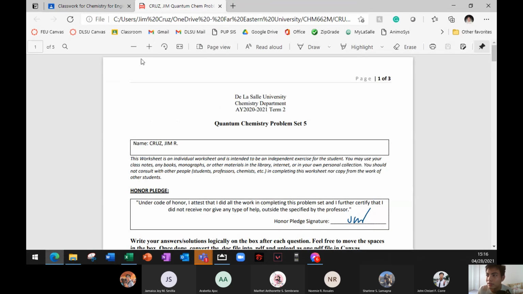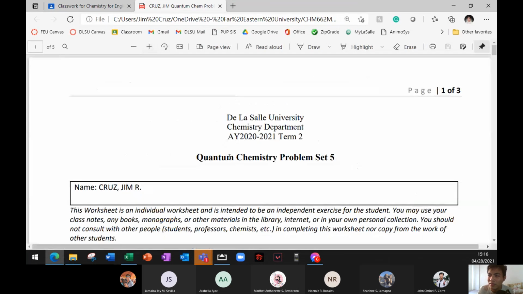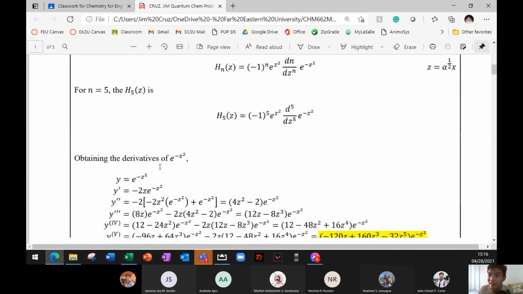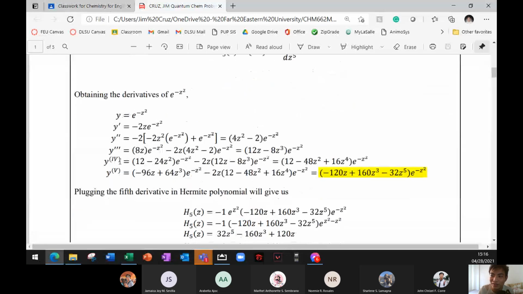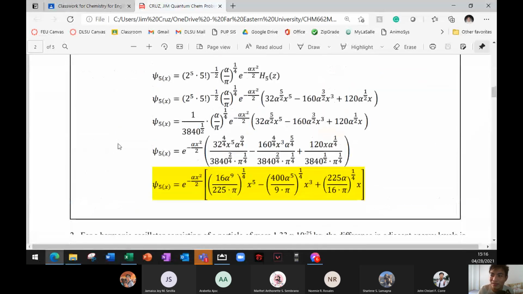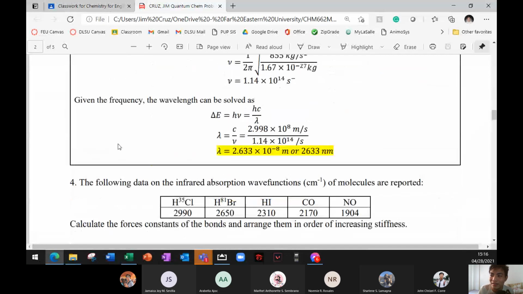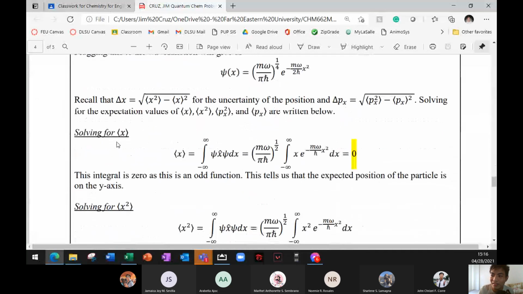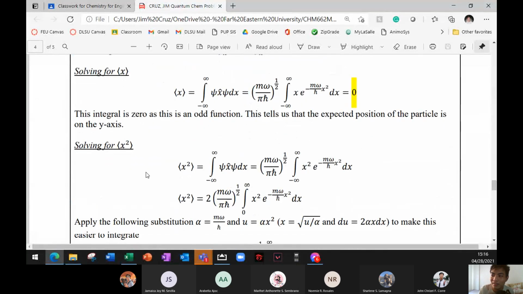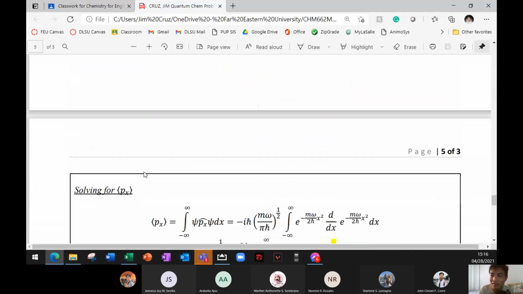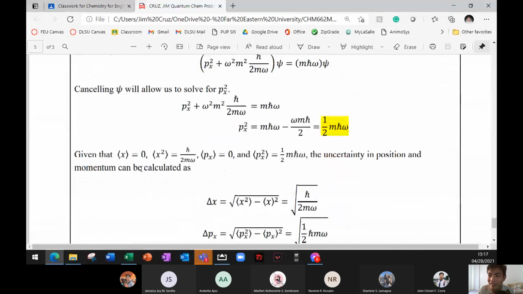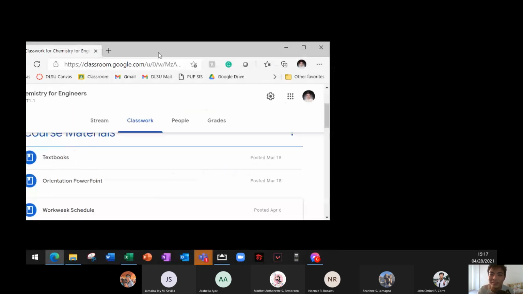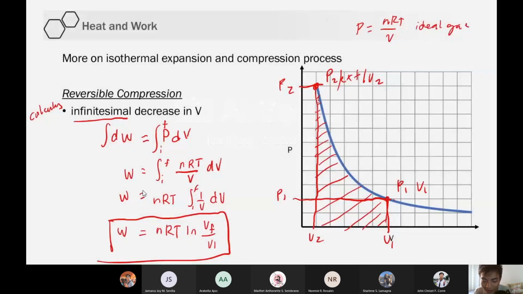Tingnan nyo. Chemistry ako, ha? Ayan o, chemistry, ha? Tingnan nyo mga pinagagawa ko. Derivatives. And ito. Integrals, di ba? Kailangan master mo talaga yan. Kasi kung hindi mo master yan, nga ka. Okay. So, ganun talaga. So, ang science, heavily dependent yan sa calculus.